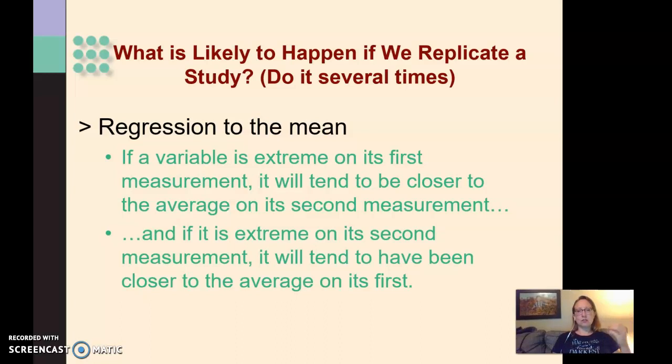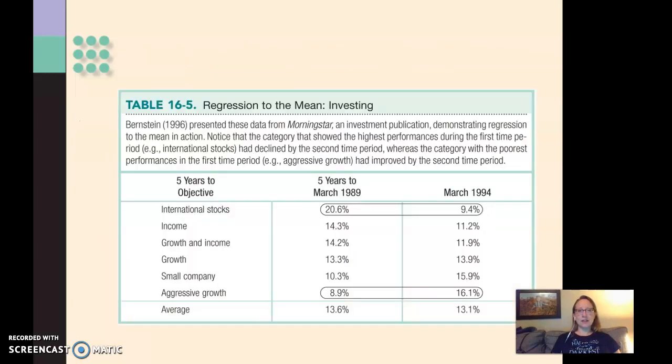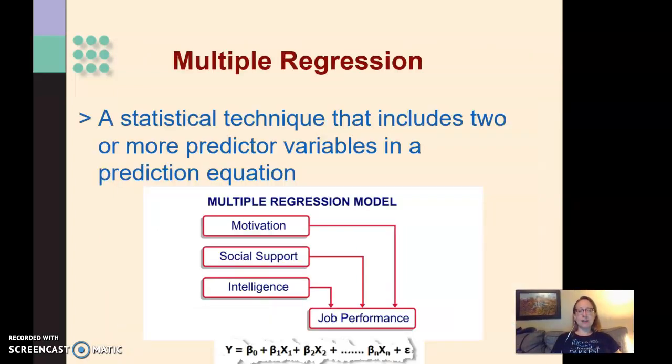So extreme scores tend to become less extreme if we measure again. Regression here is about moving backwards. Like a toddler can regress if they've been potty training and then they start having accidents again. So that score is moving in a way that is maybe not so phenomenal. Okay? So that's just kind of a sidebar talking about the other way we sometimes hear the word regression used.